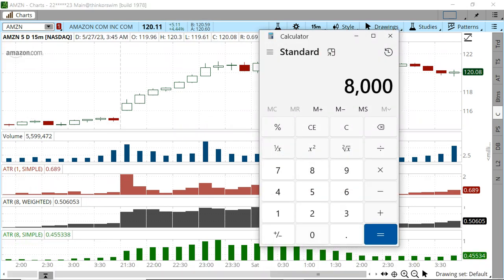Let's say the entry price is 118, $8,000 divided by that, 67 shares, nothing wrong. Stop. But how much are you prepared to lose? I am prepared to lose $200 only. What's the stop? 250, correct?